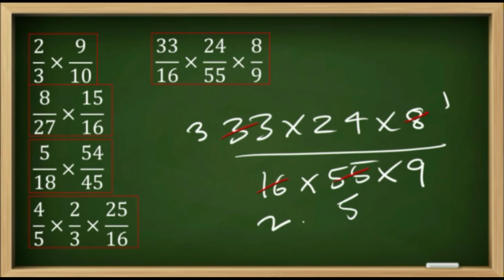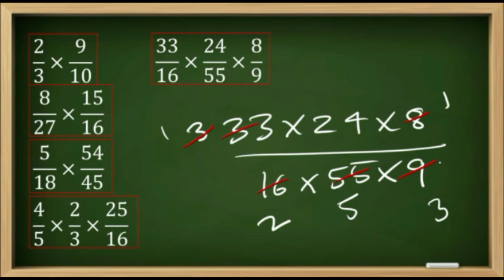Okay, and now this 3 and 9 can also be simplified. This 9 and this 3. So I'm going to go ahead and do that. So 3 ones are 3, 3 threes are 9, and what else can be simplified?